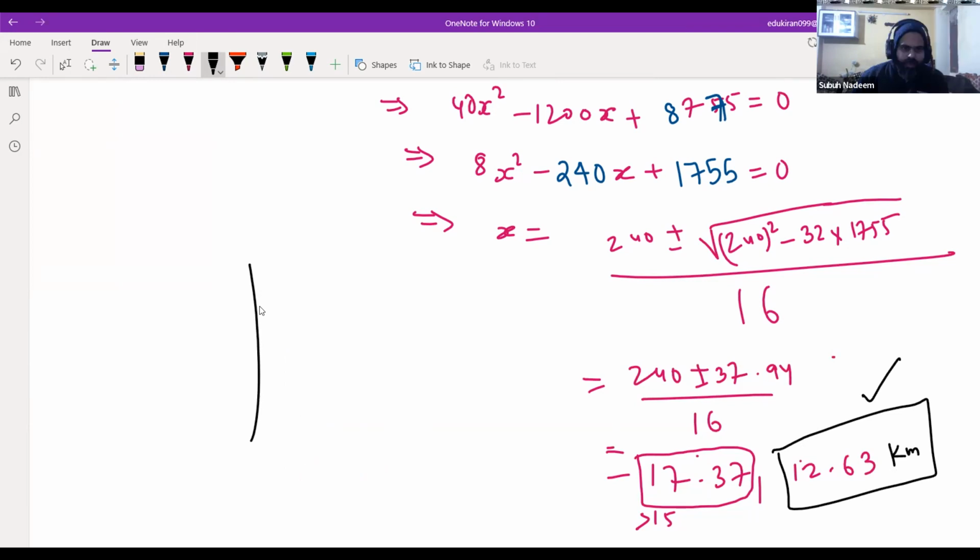Now what they are asking here is Lulu's route. If Lulu can jog, determine Lulu's route that will minimize his travel time.